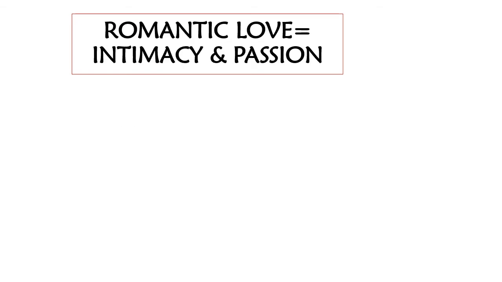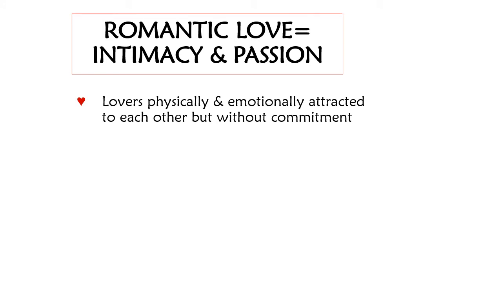Now we're going to examine if two of the three components are present. So first we'll look at intimacy and passion. So intimacy and passion, romantic love. This is where there's a physical and emotional attraction to each other, but there isn't yet a commitment.